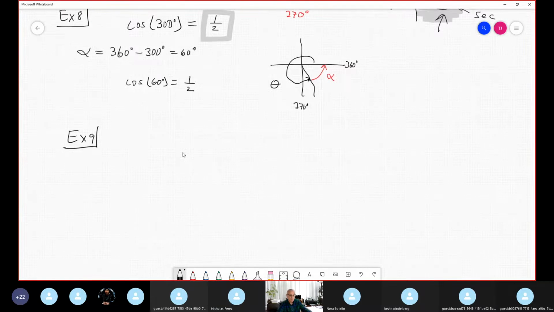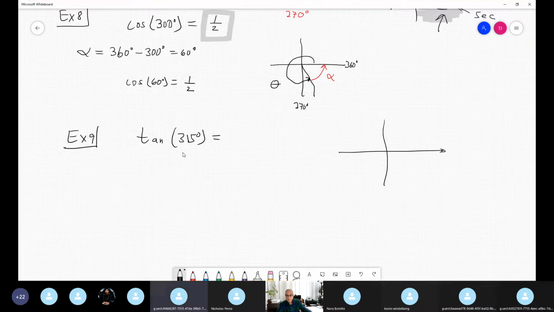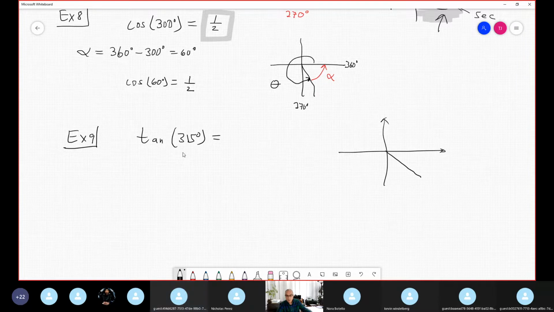Number 9 example, tangent of 315 degrees. Wow. And what quadrant does 315 degrees lie in? The fourth quadrant again. This is theta equal to 315 degrees.